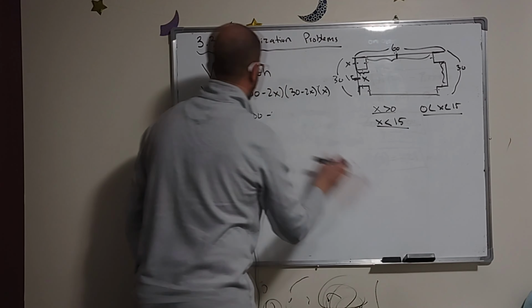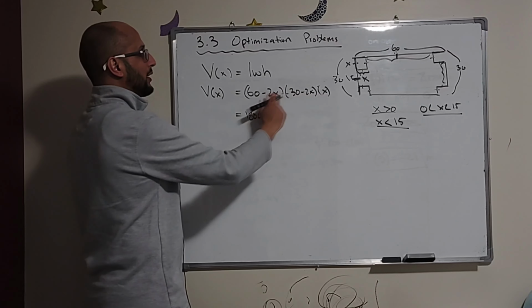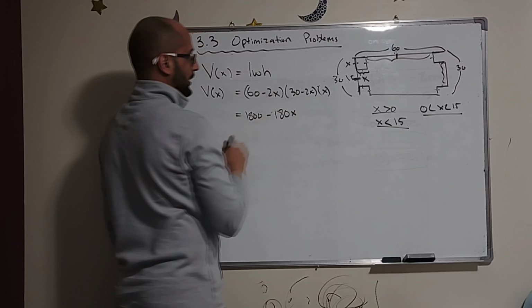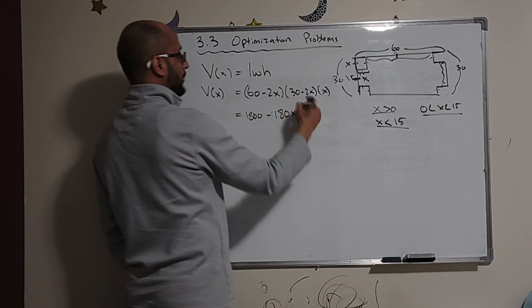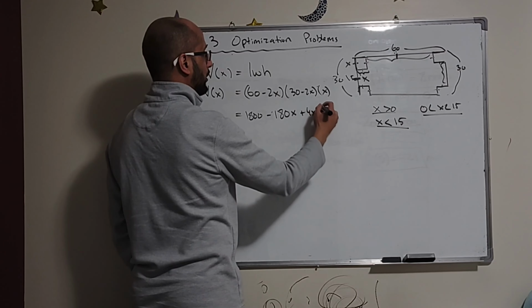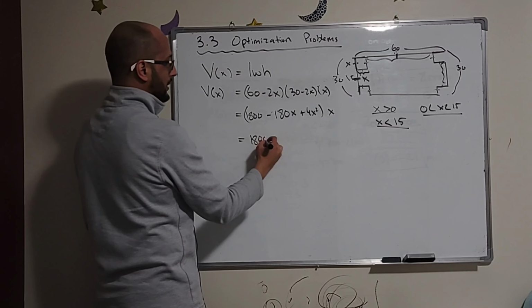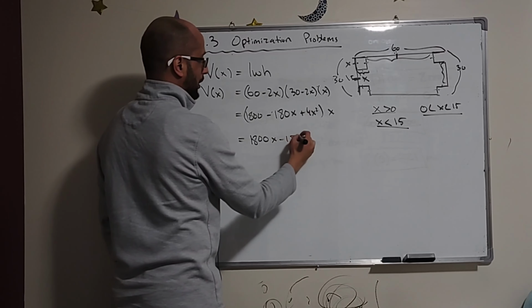Let's do this again. 60 times 2 is 120, minus another 60 is negative 180x. Negative 2x times negative 2x is plus 4x squared. And all of this gets multiplied by x. So 1800x minus 180x squared plus 4x cubed.